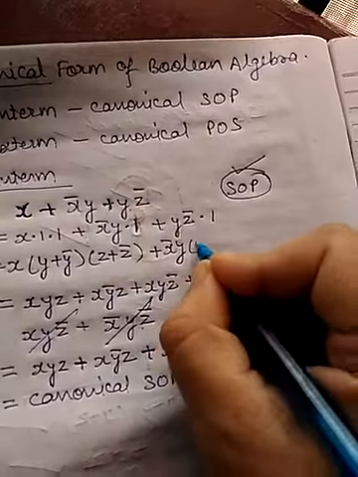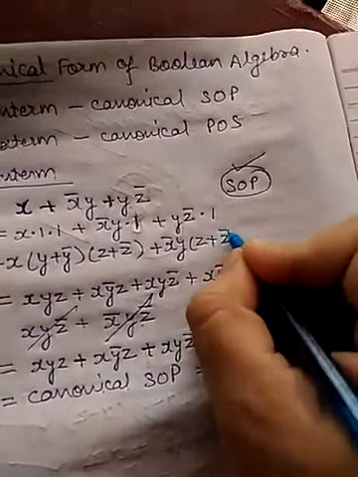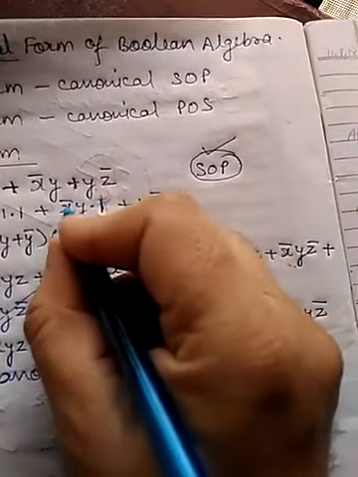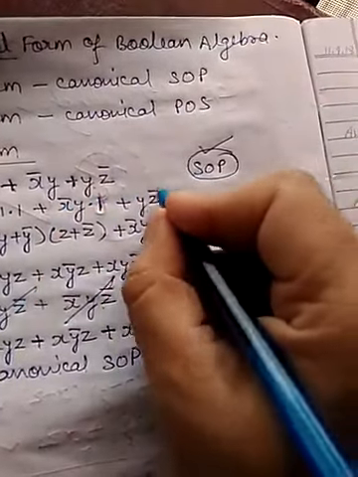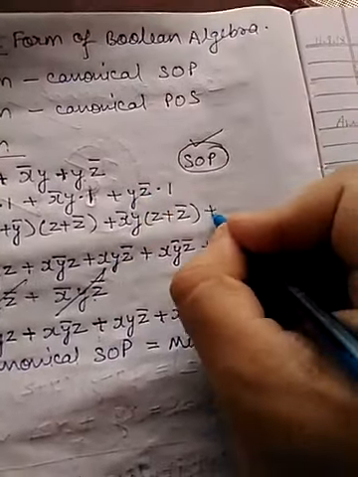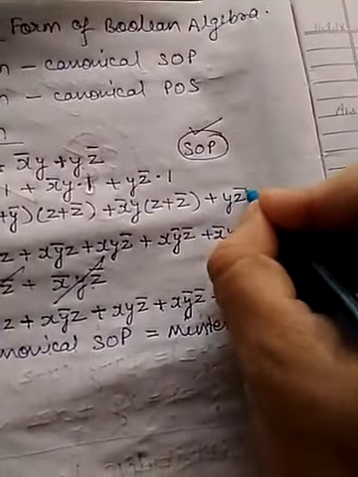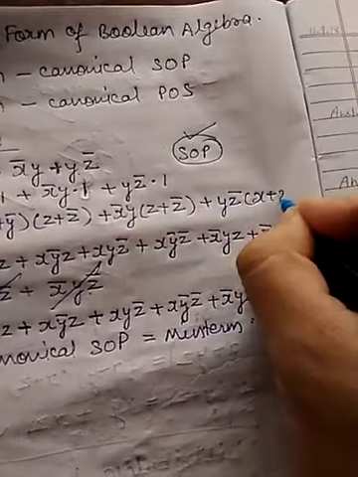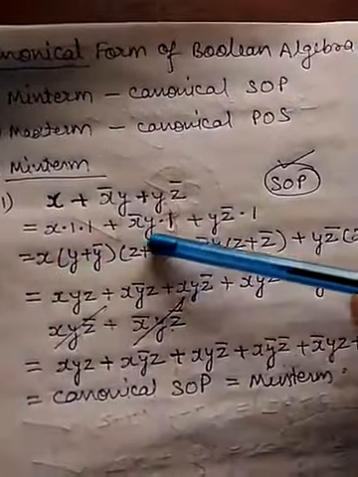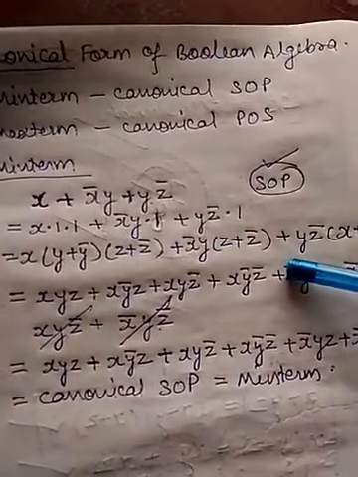For this one I am writing z plus z naught, meaning I am writing the combination of the variable which is not present over here. In the same way, x is not present in this term, so I will write this one as x plus x naught. Okay, now simply solve the brackets, you will get this term.